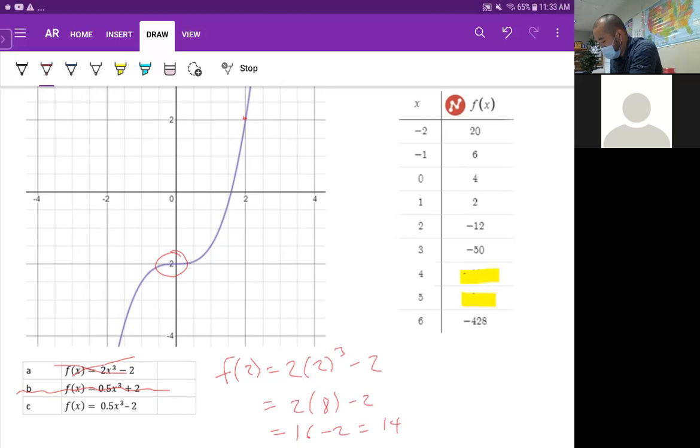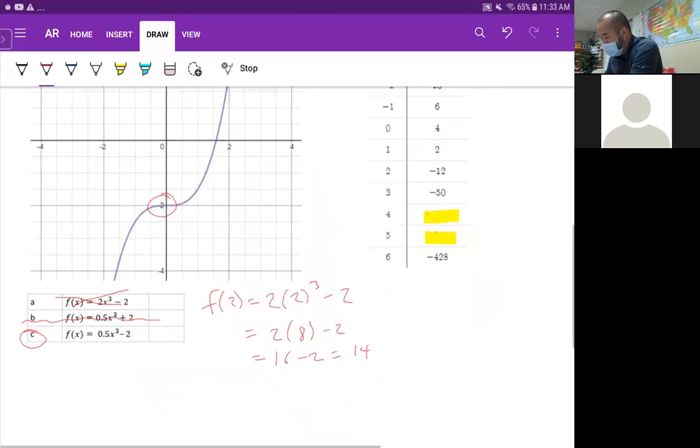So sure, it's got to be this one. But let's check it just in case. F of 2 equals 0.5 times 2 to the third minus 2.